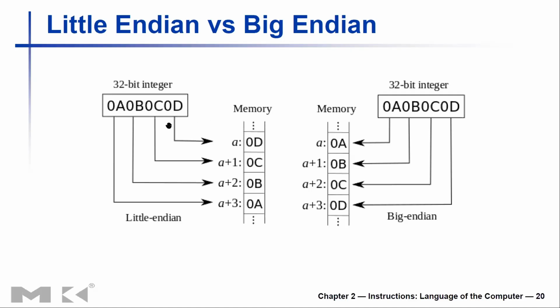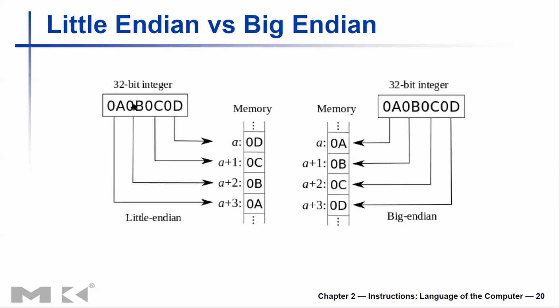And when you are going to store it in the memory, there are two types with which you can store this integer, called little endian and big endian. We can look at the little endian notation. Now this 32-bit integer, you can break into bytes. The first byte is 0A, second one is 0B, 0C, 0D.